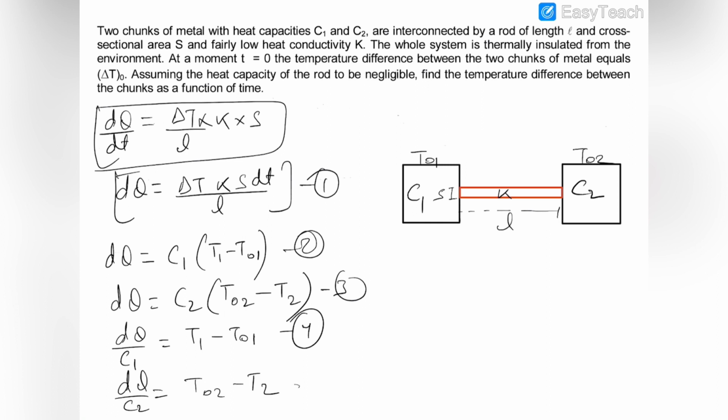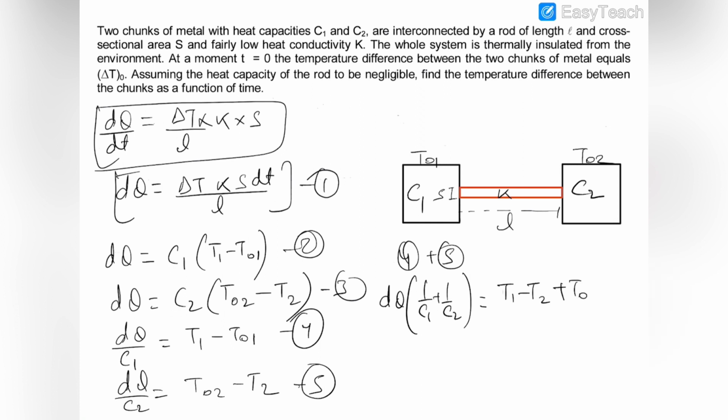Now this is 5. Now let us subtract equation 5 from equation 4. In fact, let us add up these two equations, 4 plus 5. So this will be dq common, 1 by C1 plus 1 by C2 will be equal to T1 minus T2 plus T02 minus T01.